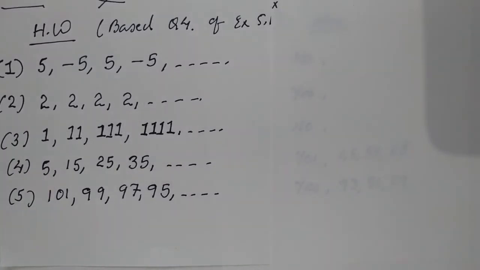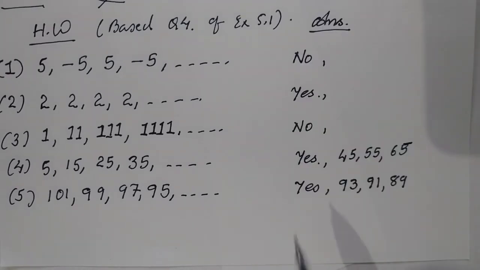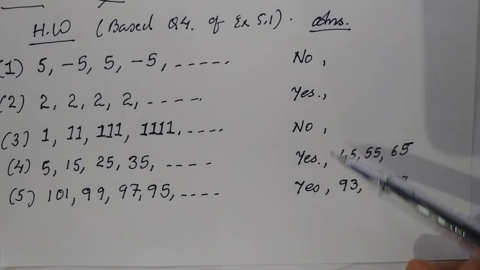Pause the video and write down. Children, here I have given you very simple questions. Orally you can find out the answers, but do paper pencil work. Okay children, now write down homework. Now children, here is the answer list, write down the answers.